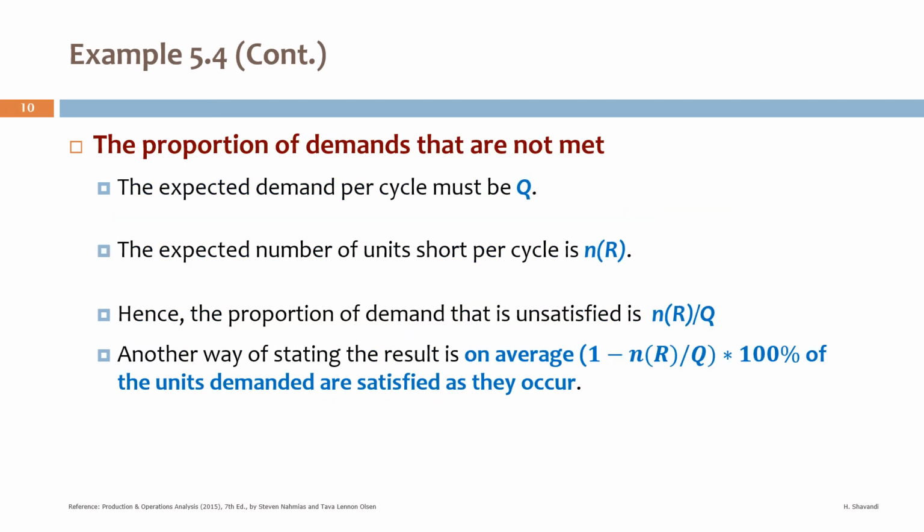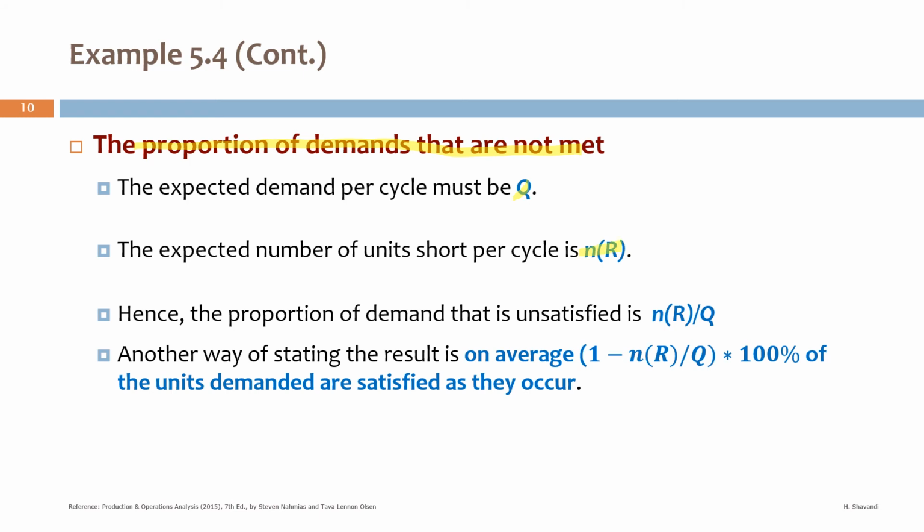Or we can obtain the proportion of demands that are not met. In any cycle, we assume that the expected demand is Q, our order size, which is exactly equal to the expected demand during that cycle. Again, in any cycle, the expected number of shortages is nr.